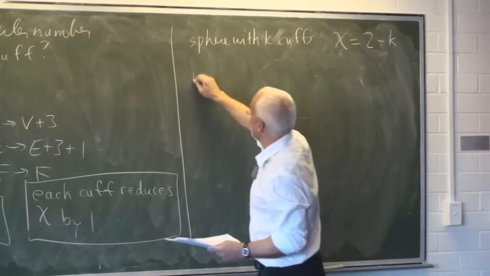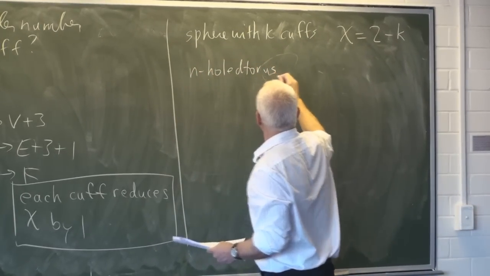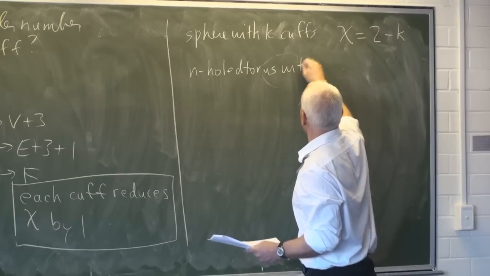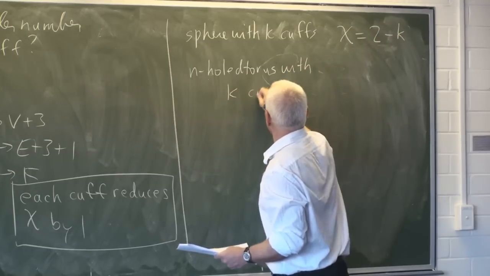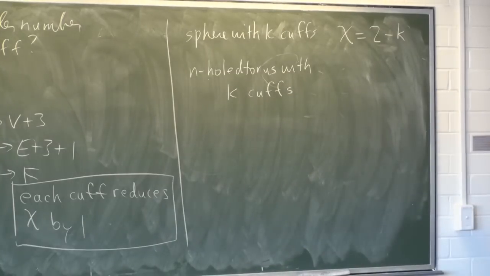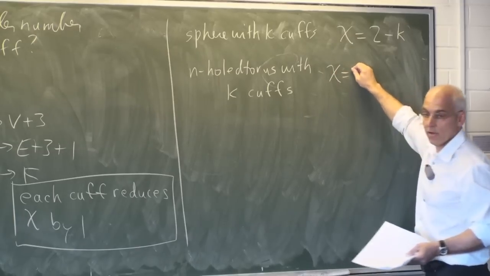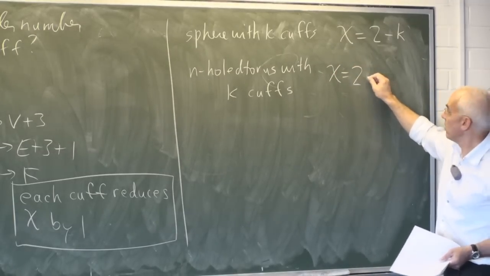If we have an n-hole torus with k cuffs, well, the Euler characteristic of an n-hole torus is 2 minus 2n.